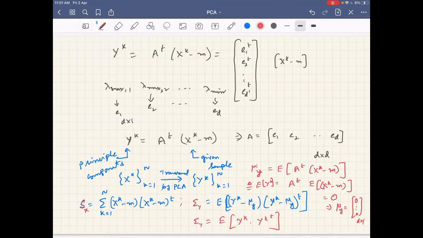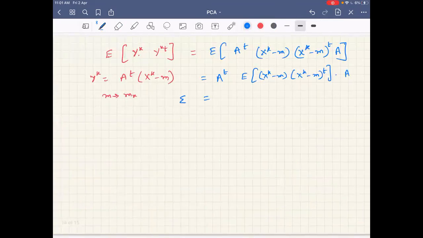So the covariance matrix of y is equal to A transpose, and what is this in the middle? This essentially is sigma x, the covariance matrix of x, into A. Now I want to simplify this further.